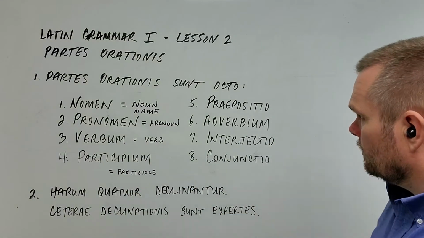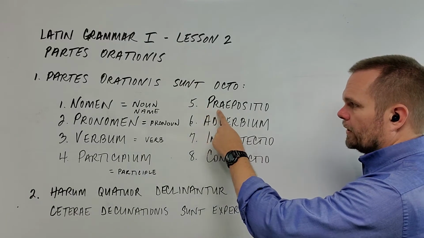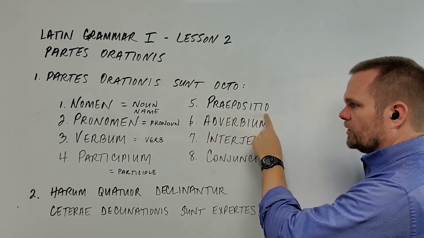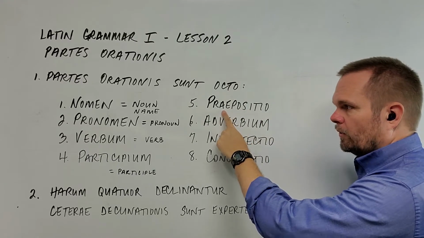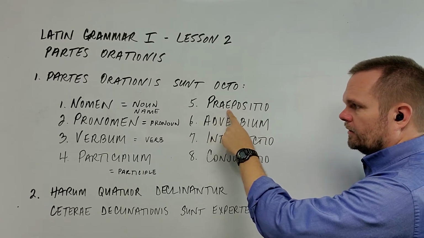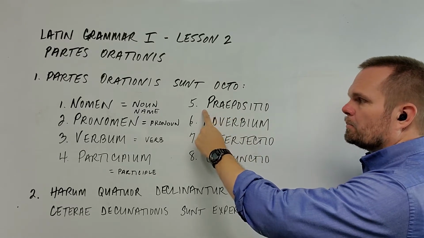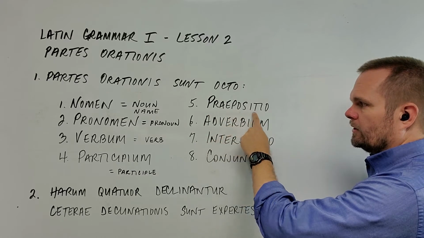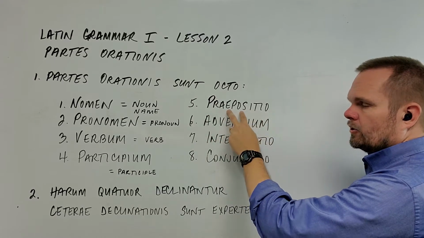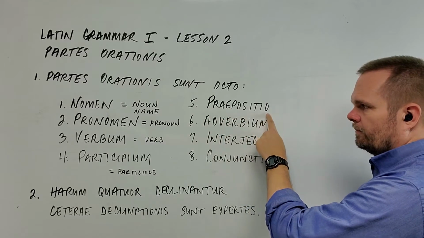The next 4 parts of speech, the first one we have is prepositio. And here's an example of the diphthong ae. In classical Latin, we would say praepositio. In church Latin, we say prepositio.